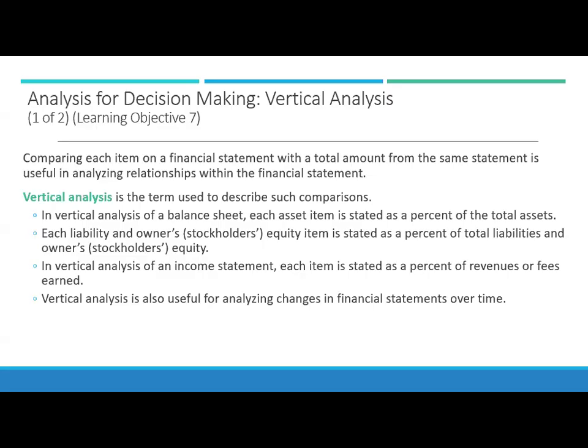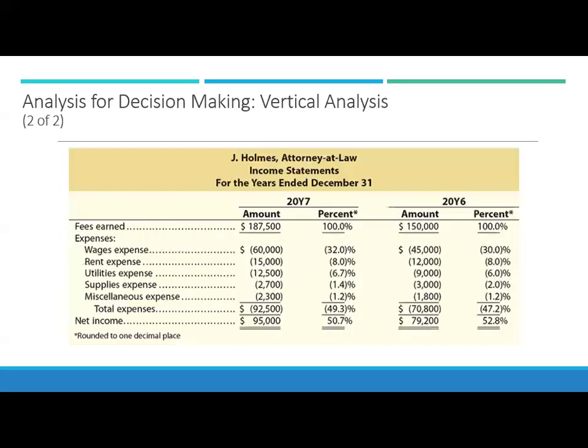And so what this allows us to do is compare the same company within 2 years, and it also allows us to compare companies between each other. This example I think is really cool. So revenue increased.